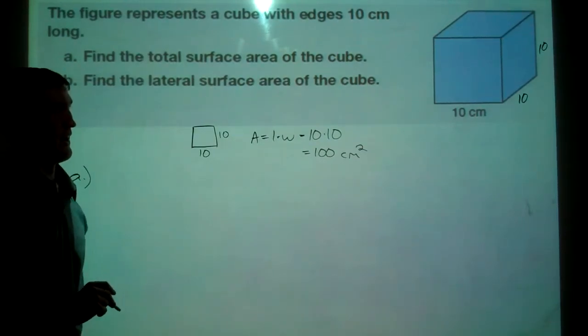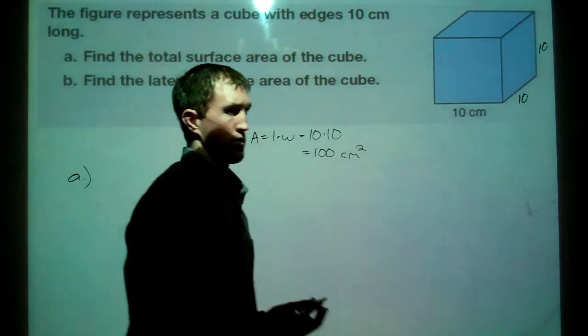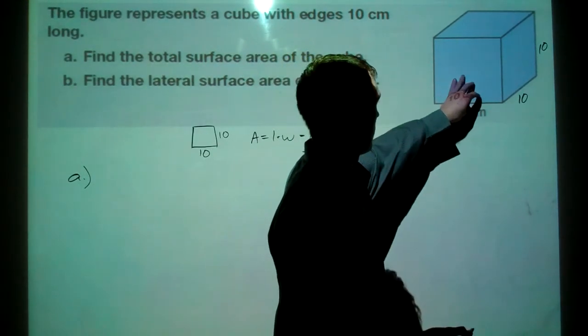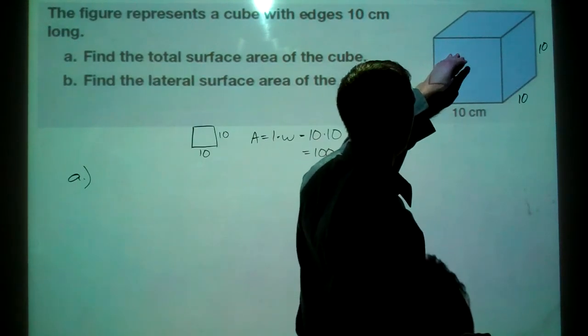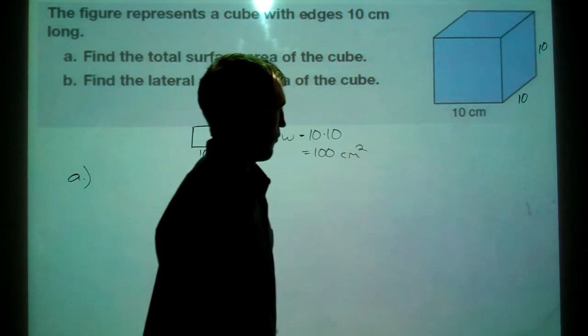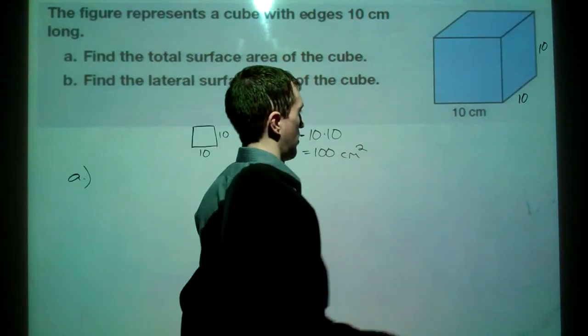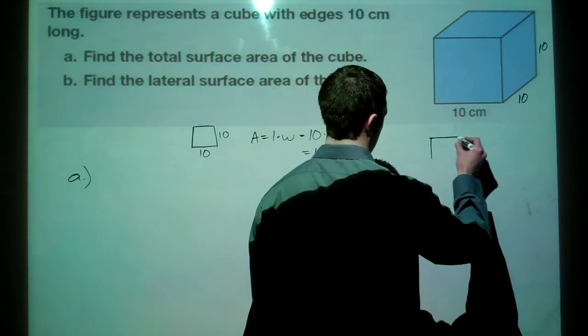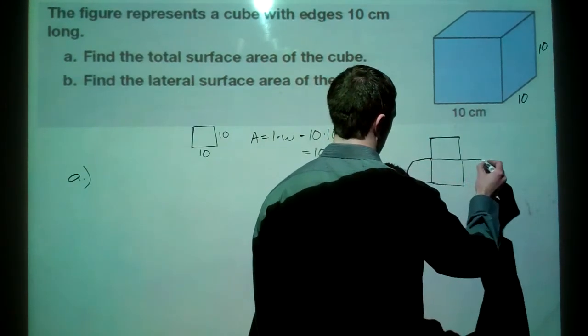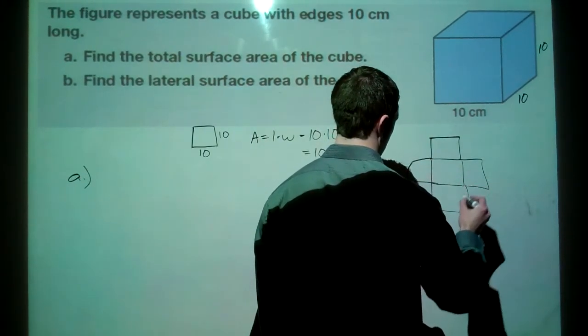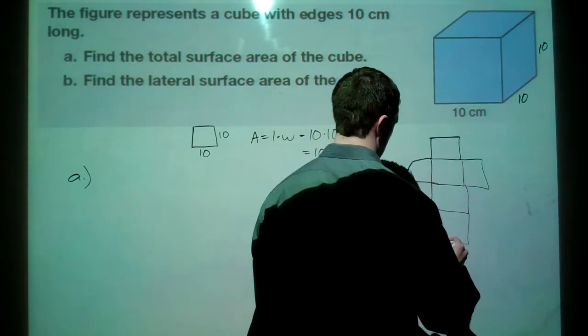But what we're going to find out is how many of these squares we have on this cube. Well, we have one here, one back here, one on this side, and then a top and a bottom. If we were to unfold this cube, it's called a net. We're going to talk about that briefly in a second. Won't be the best picture, but you should see what we're getting at here.